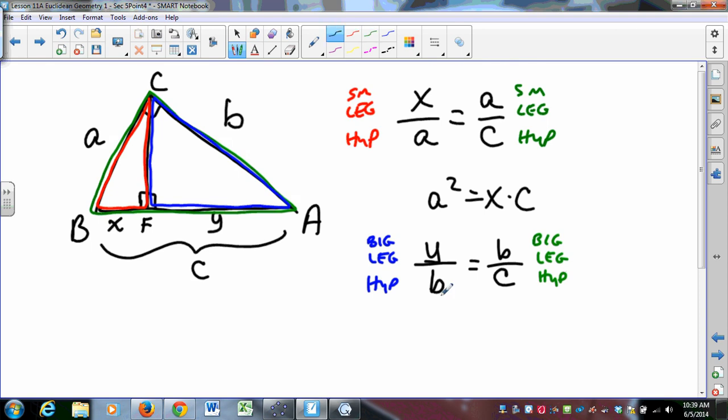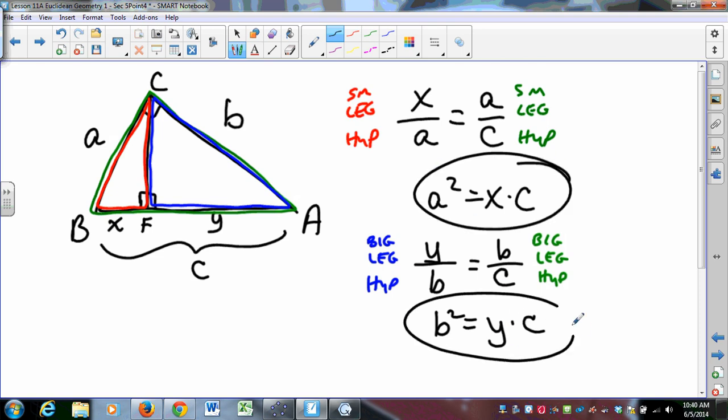And so by algebra, I have B squared is Y times C. So I am going to combine those two pieces of information and say that A squared plus B squared is X plus Y times C. But wait a minute, X plus Y, that is C. Done.